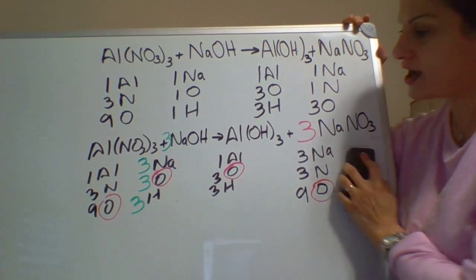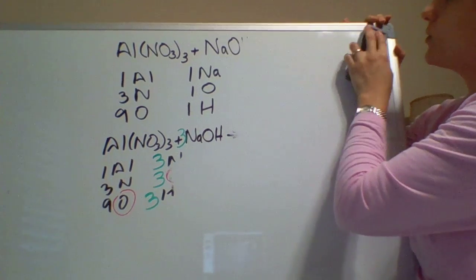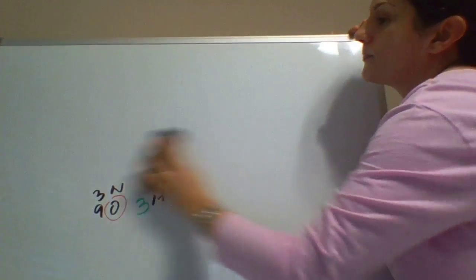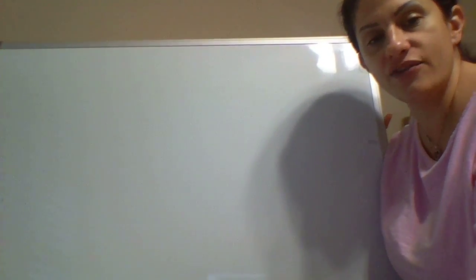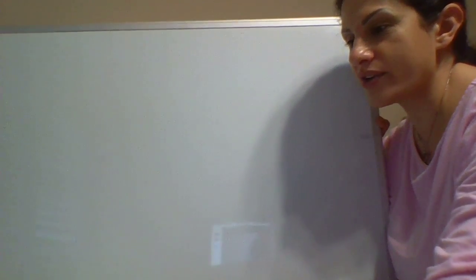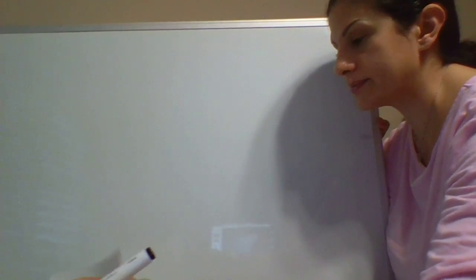How about we try another one? And what you should probably try to do now is with this equation that I'm going to give you, pause the video after I give you the equation and try to see if you could solve it on your own, and then come back and figure out whether you're able to do it on your own.